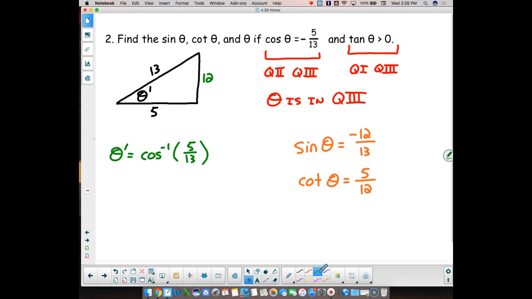And I get my angle as 67.380 degrees. But because I'm in quadrant number 3, I have to add 180 to that. So I get theta is 247.380 degrees.